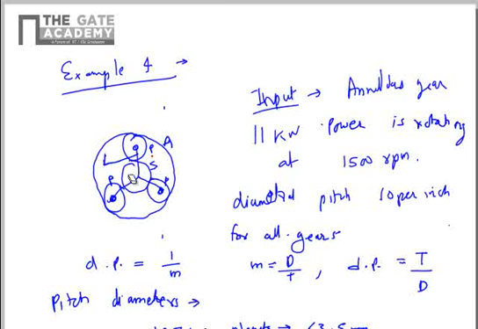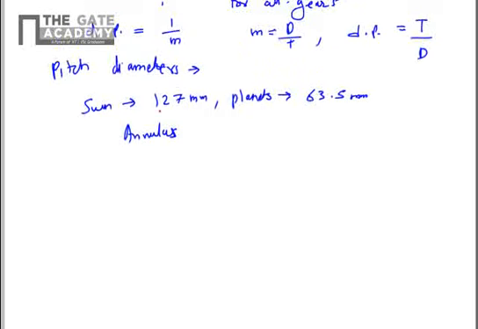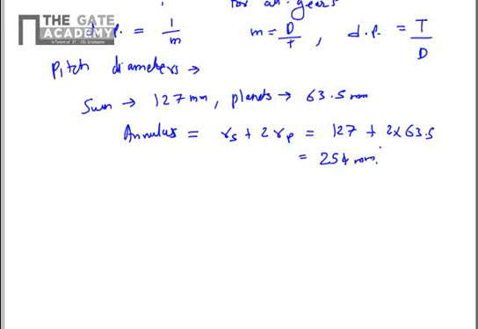As you can see from this geometry, the radius of the sun plus 2 times the radius of the planet is the radius of the annulus. So the annulus radius will be equal to r sun plus 2 times r planet, that is 127 plus 2 times 63.5, equal to 254 mm. So even if it's not given, you can derive this quantity.